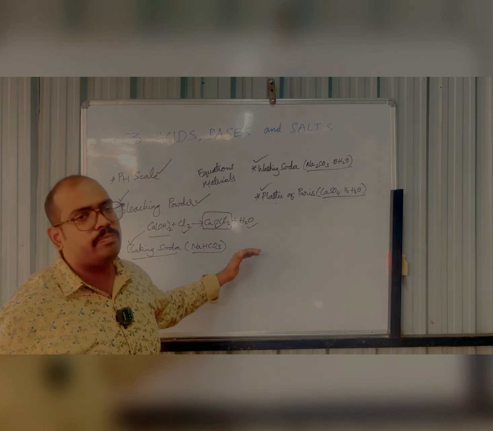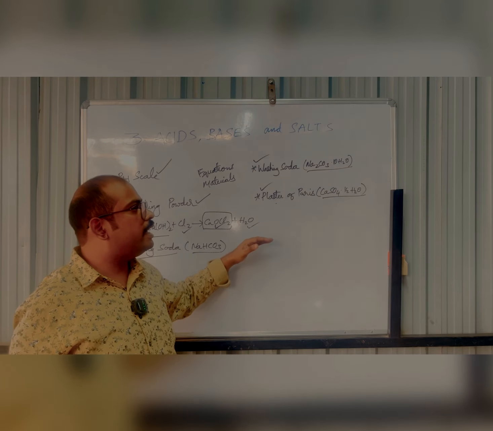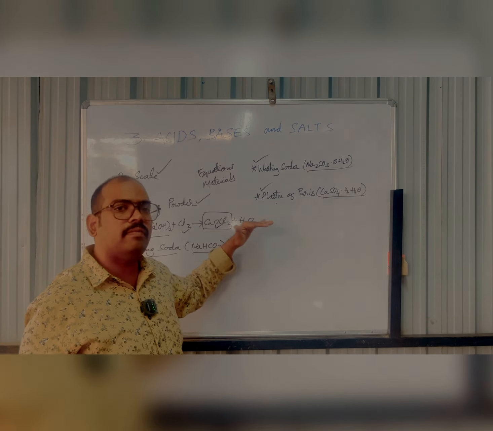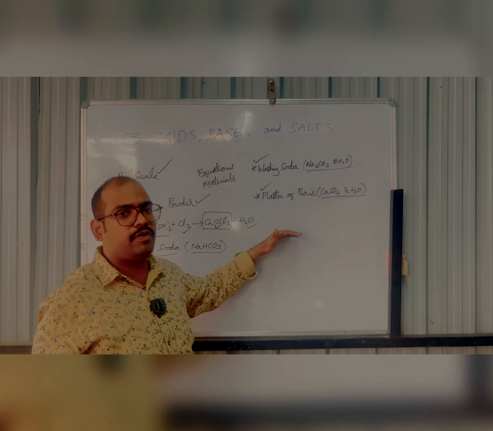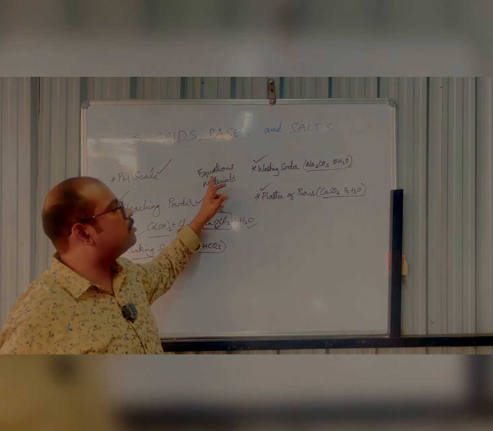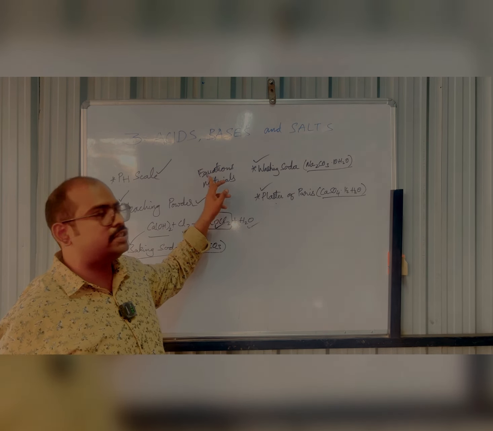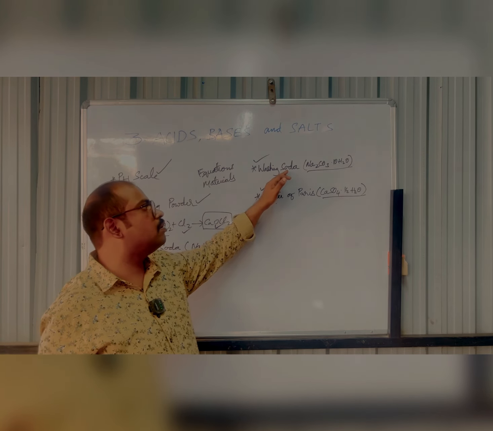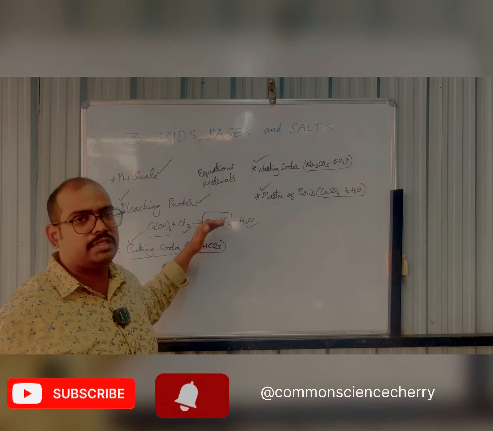So these are the topics in the 3rd chapter. By reading these topics you can easily score very good marks, because one main answer we can expect from acids, bases and salts, which is related to the experiment, equations and then the materials required, and another short answer we can expect through these topics, washing soda, plaster of Paris and these topics.